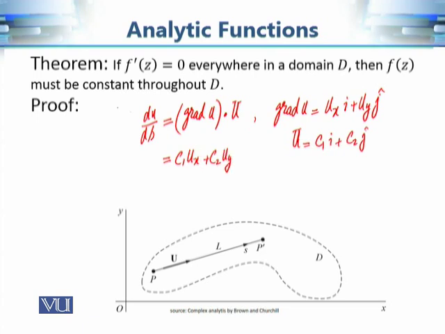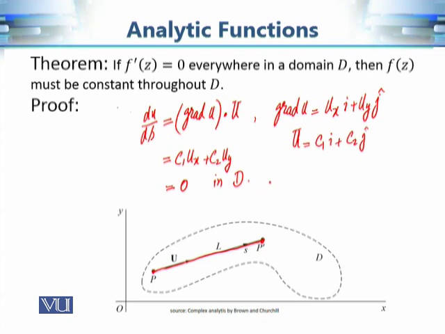And of course, when we say u_x, it means we evaluate the partial derivative of u at the points of this line. Now, what is u_x? In this entire domain D, u_x is 0. Similarly, u_y is 0 on this entire domain. So this is 0 in domain D. What does it mean? du by ds is 0 on this entire line segment, and if it is 0 on this entire line segment, then its value does not change when we move from P to P prime.